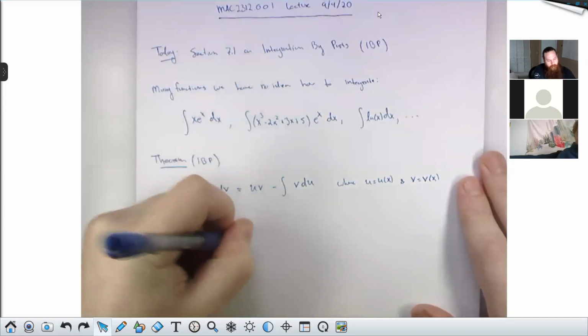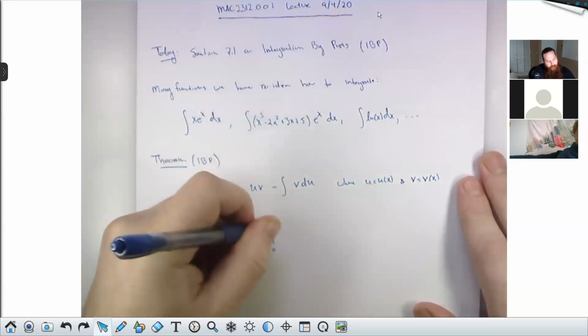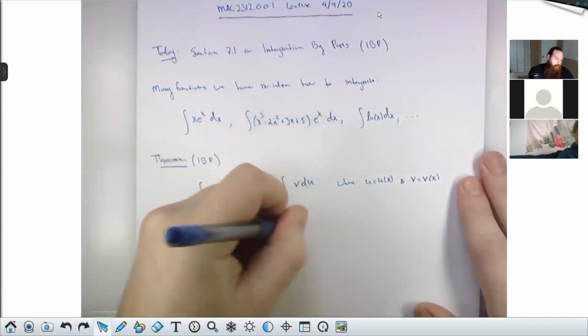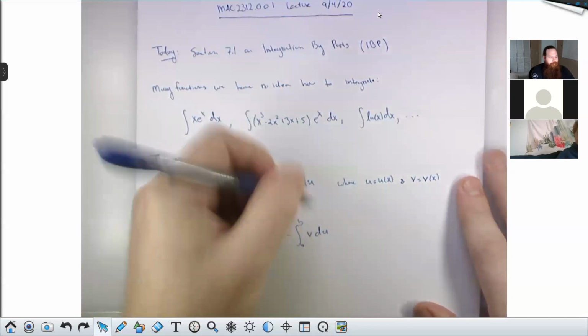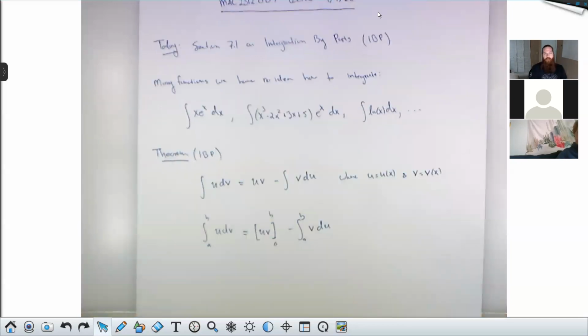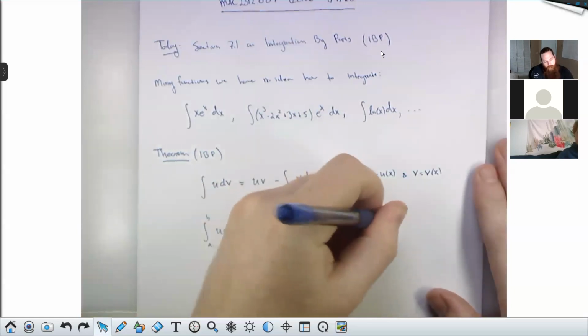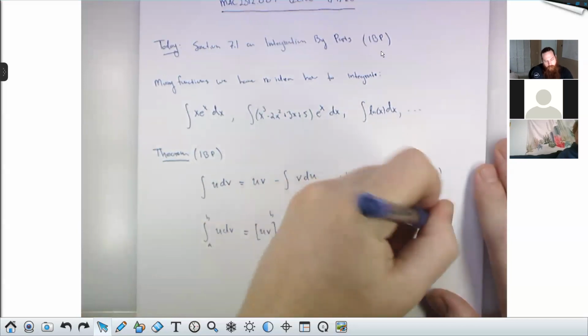The thing is, people forget this middle part. So this is the theorem. And the same thing here, where u is a function of x and v is a function of x.